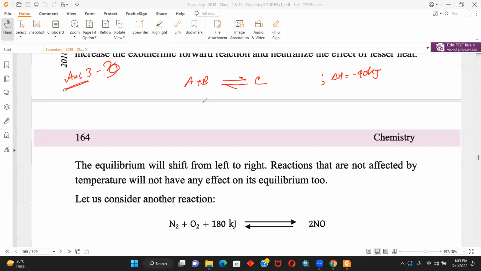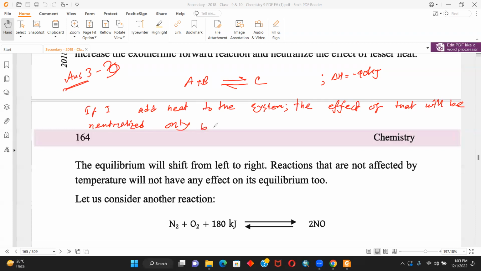If I add heat to the system, the effect of that will be neutralized only by absorbing the heat in the system.